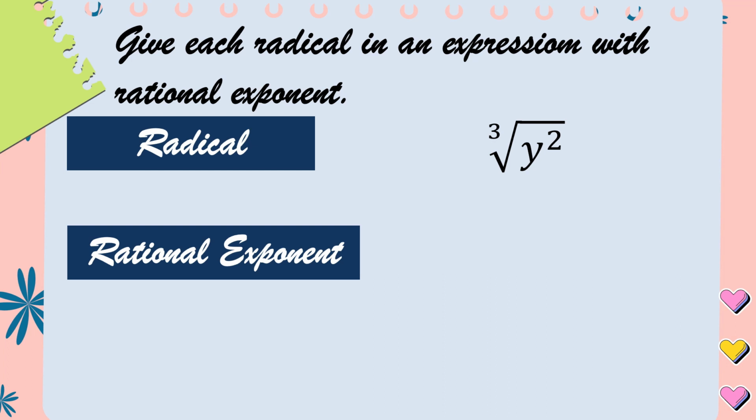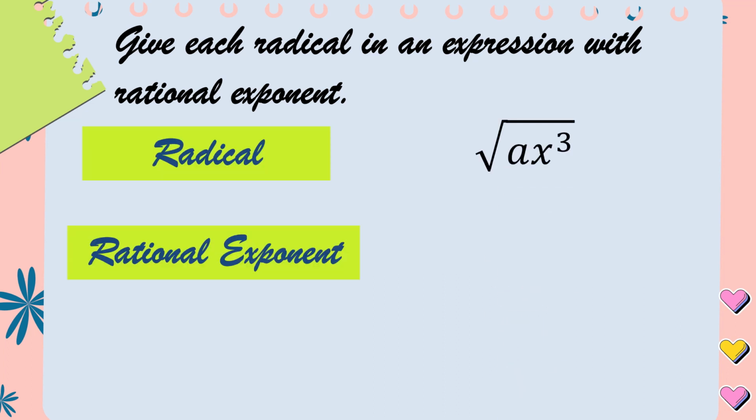So we have here the expression inside the radical symbol. It's y raised to 2. And we have the index 3. The index 3 becomes the denominator of the rational exponent. So therefore, cube root of y raised to 2 is equal to y raised to 2/3 in an expression with rational exponent.